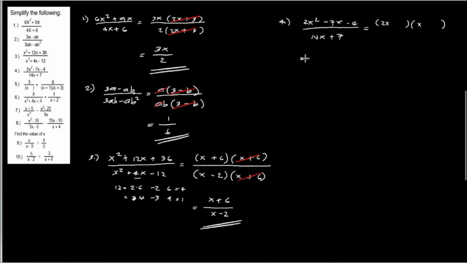A factor of 2 is 2 times 1, and the factor of 4 or negative 4, a positive and a negative sign, and 1 times 4. So let's check. 2 times 1 positive, and 1 times 4, that's 4.